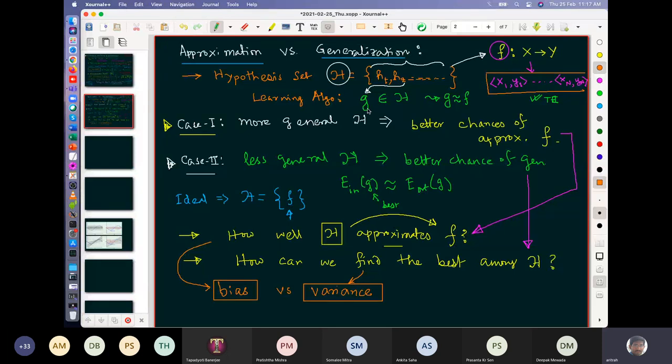Because it is not only the case that a hypothesis set which is infinite may contain F, but you also have to find it, looking from the data points. There is no other reference. The distribution of the data points could be so skewed that you get a very high variance, that you may not at all get the best H. I will show you an example. Let me first complete the theory and then I will show you exactly an example where it happens. Get me? So this is what we will try to cover in today's lecture.